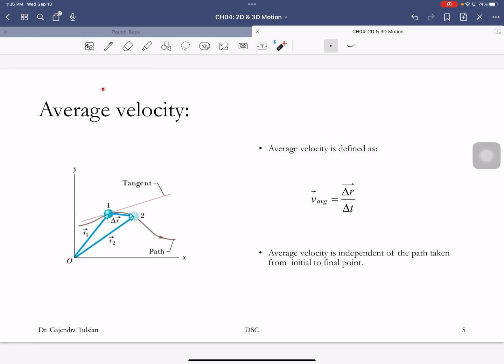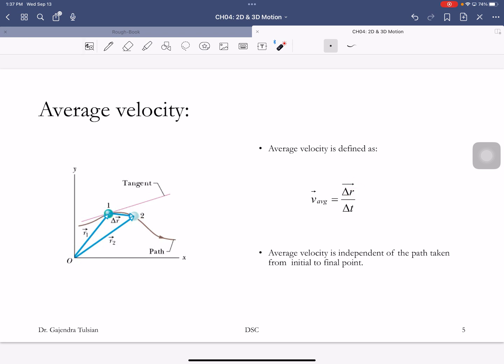The average velocity is defined as the displacement divided by the time. So notice something. If this was the displacement vector, what is the average velocity going to be? It's going to point in the same direction as the displacement vector.